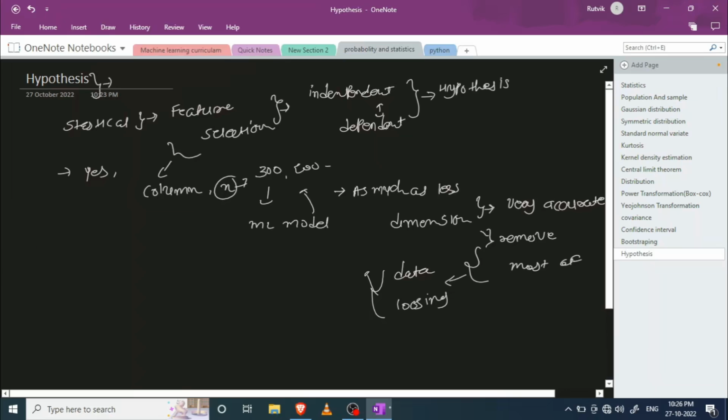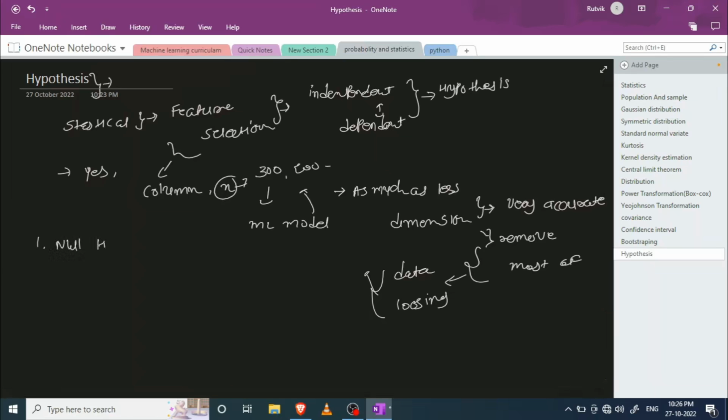So in hypothesis testing, we have two types of hypothesis. First of all, the null hypothesis, and the second we have is the alternate hypothesis. The null hypothesis you can represent as H0, and the alternate one is represented by H1.